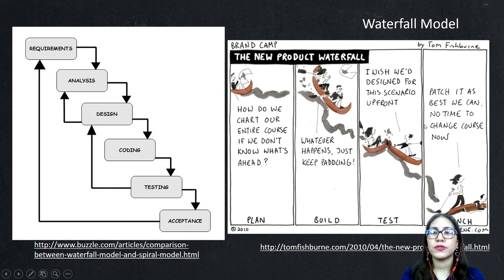And as you see in this picture again, these three phases, build, test, and launch, will build things according to what the requirement engineer in the first phase, the plan phase, gives to them. So if the requirement engineer gives them an incorrect plan, that means the whole system will turn out defective, or make mistakes, and sometimes be a system that no one uses.